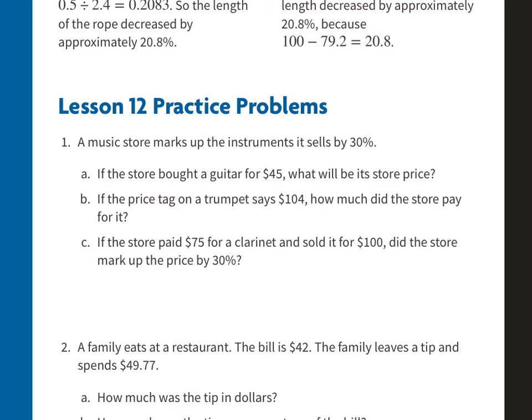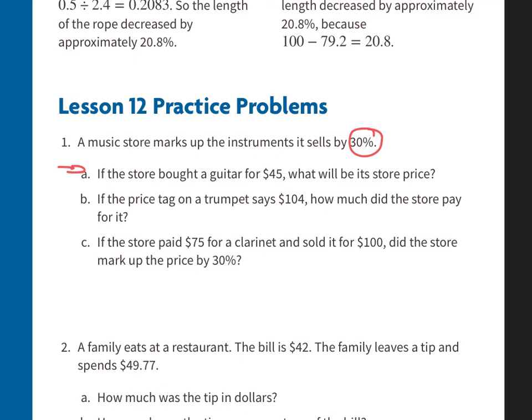On your assignment today, number 1, a music store marks up the instrument sales by 30%. If the store bought a guitar for $45, what will be its store price? Well, marks up means we're going to add 30%. So 130% times 45 will be the answer to A. If the price tag on the trumpet says 104, how much did the store pay?